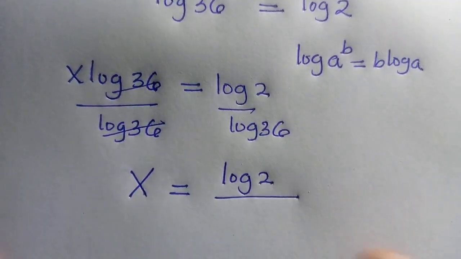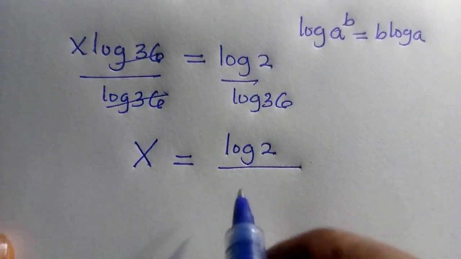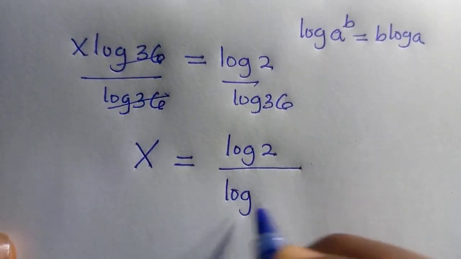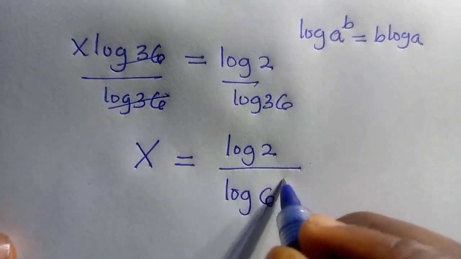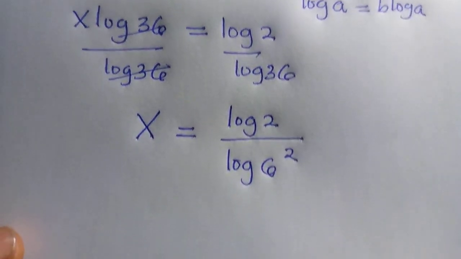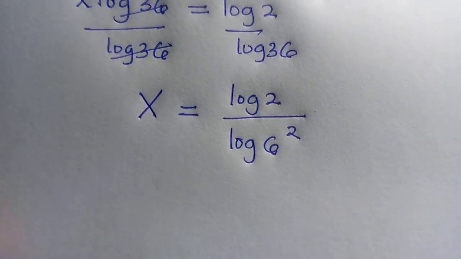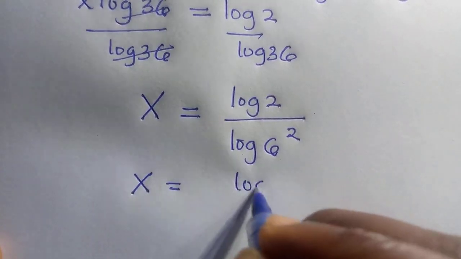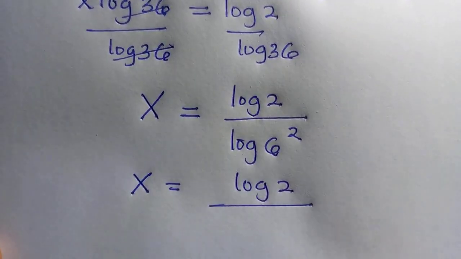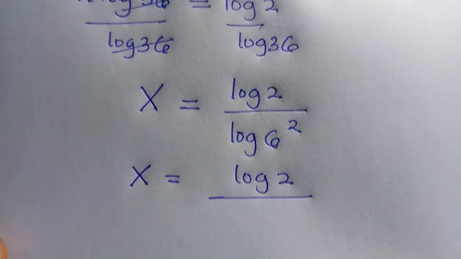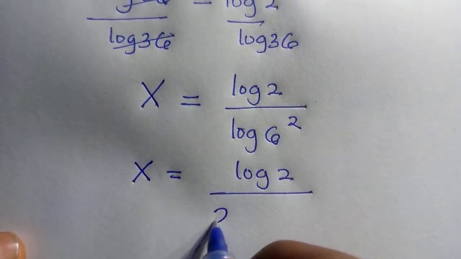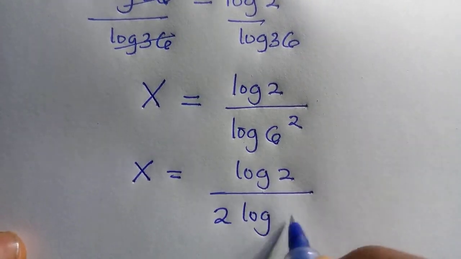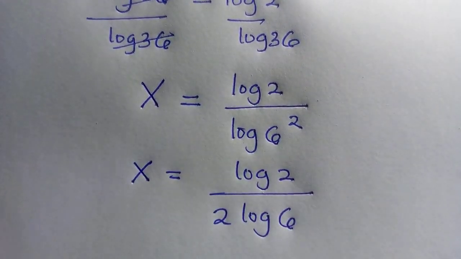log 2 divided by, so for this 36, we are going to write it as 6 to the power of 2. And with the rule we have applied above, we are going to write this as log 2 divided by, so we take 2 back, then we have 2 log 6.